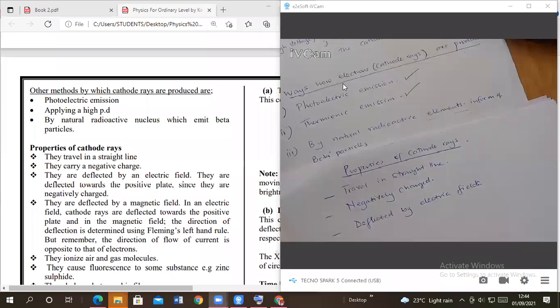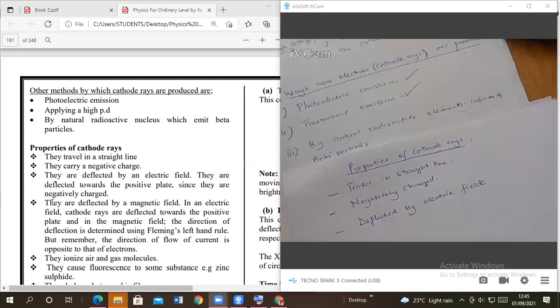The way you may throw a ball from you towards the wall, and once it reaches the wall, it hits the wall and then changes direction towards you. So that is deflection. It is deflected back to you. Also these cathode rays are deflected by electric fields. We shall see how they are deflected by electric fields.